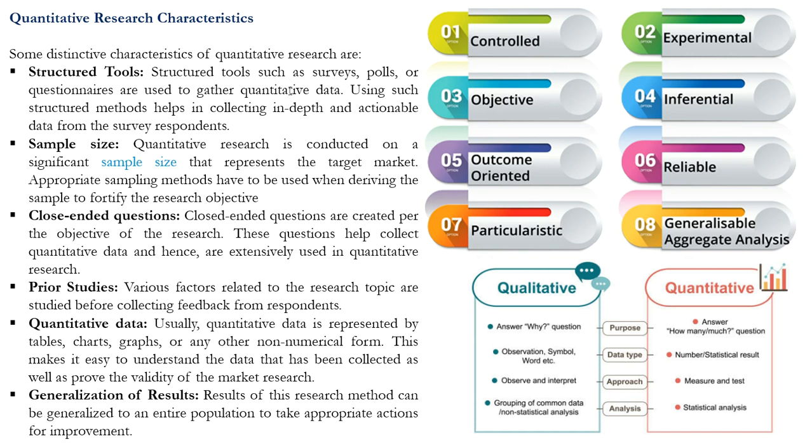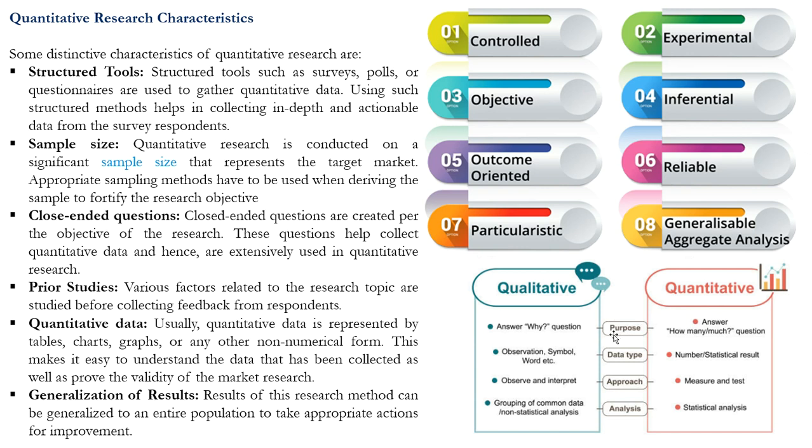Structural tools and sampling size, random sampling size, narrow sampling size, close-ended questions, prior studies, priority analysis, and quantitative data, and generalization of the results based on the comparison of analysis, based on quantitative and qualitative analysis.